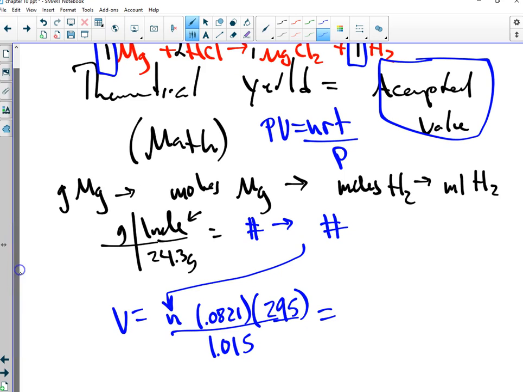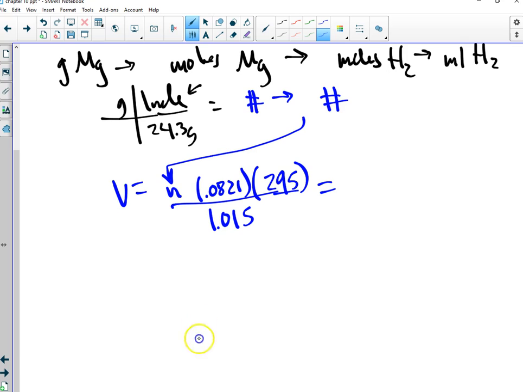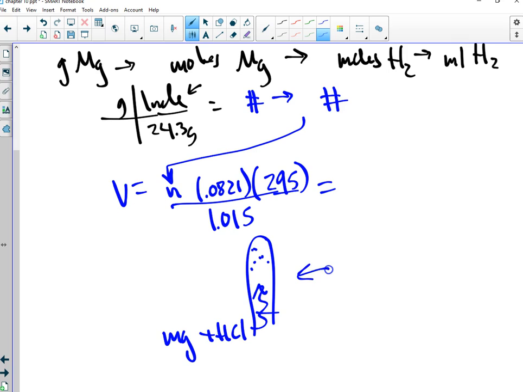Then we did the lab. We literally put Mg in HCl and it bubbled up hydrogen gas in our eudiometer, and we found that volume, and that was our observed milliliters of H2. That's what life really gave us.